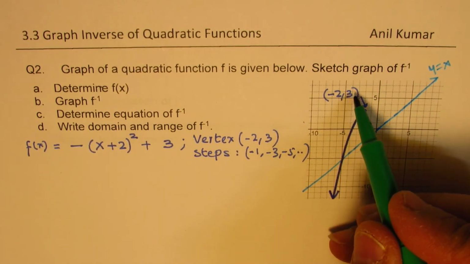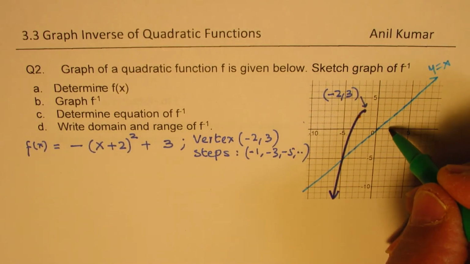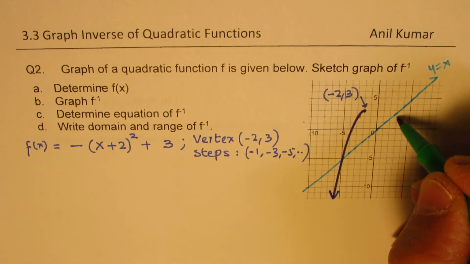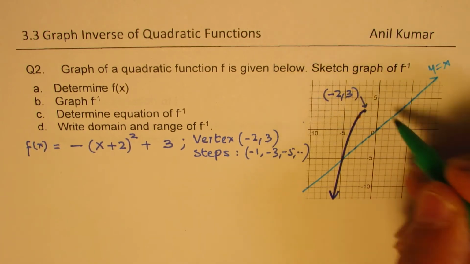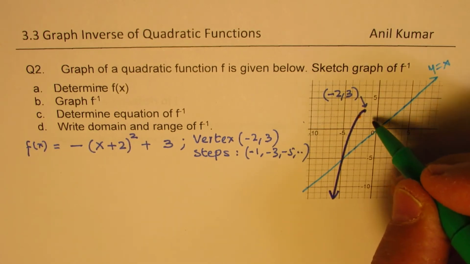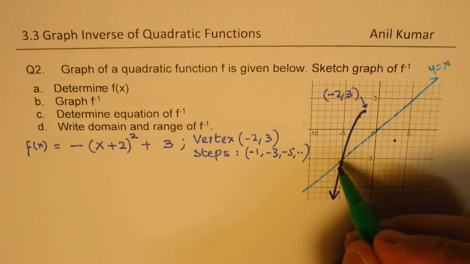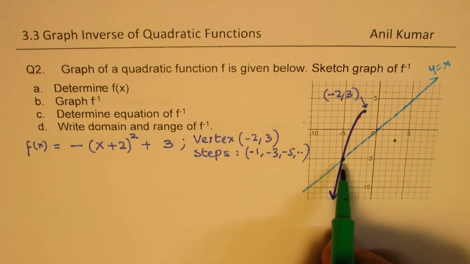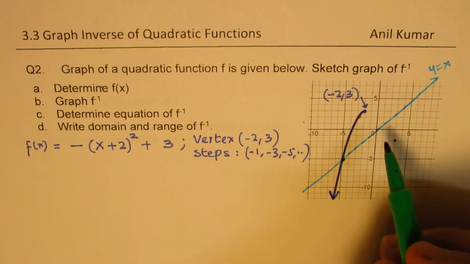Minus 2, 3 comes to 3, minus 2. So 1, 2, 3, and minus 2. It makes sense. That is diagonal. Do you see that? Now this point here is invariant point. It is on the graph itself, right? So we have that point.